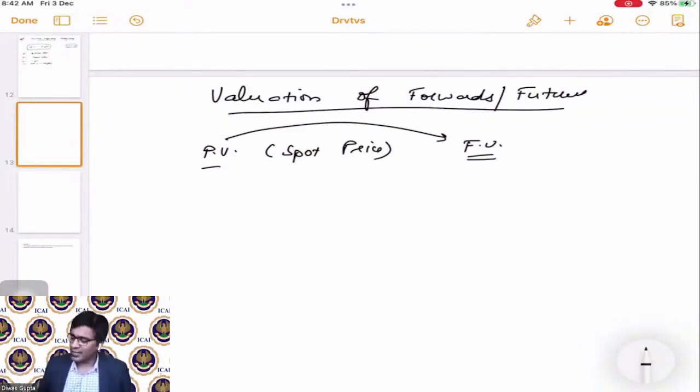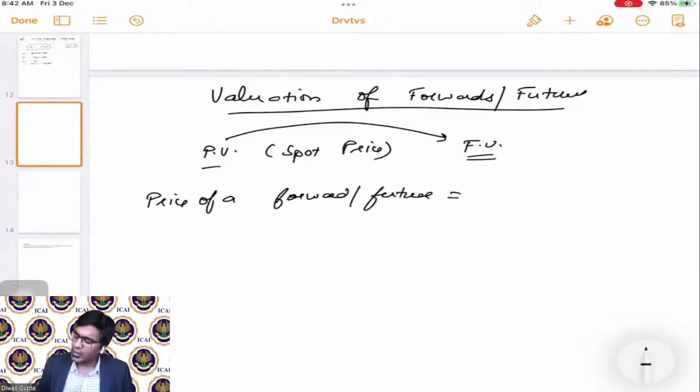Very simply and easily, the price of a forward or future is equal to the future value of the spot price. Simple. What is the future value of the spot price? That we'll have to calculate.